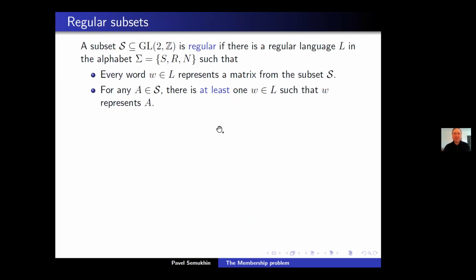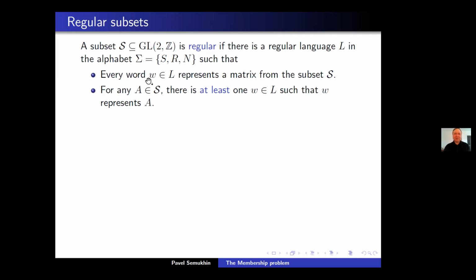Okay, next we need a notion of a regular subset of GL2Z. Now, we say that a set S of GL2Z is regular if there exists a regular language L over the alphabet S, N, and R, which has the following two properties.